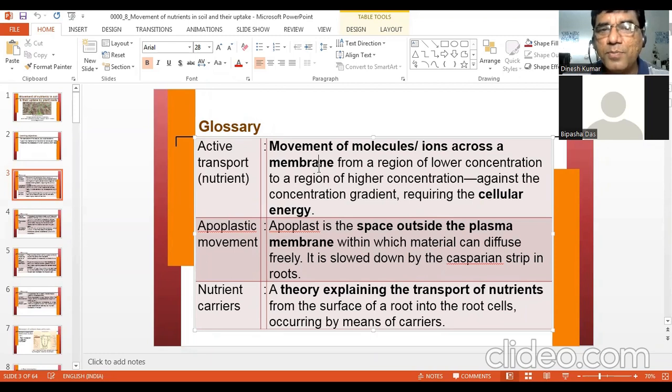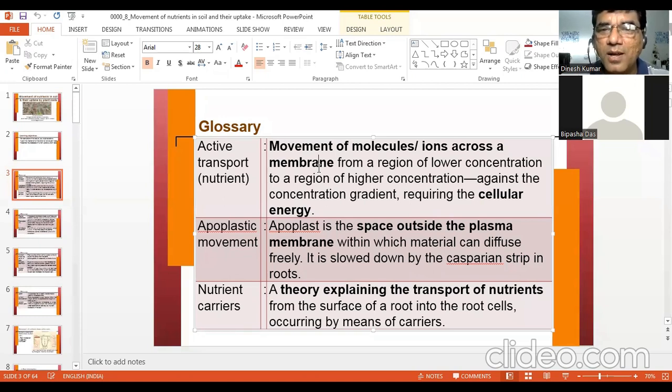So active transport means it has to pass through the membrane from a region of lower concentration to a region of higher concentration. Because outside the plant roots, a substance, an ion or a molecule may be in lesser concentration and it may be more inside the plant. So therefore, it is against the concentration gradient, and you require some energy.